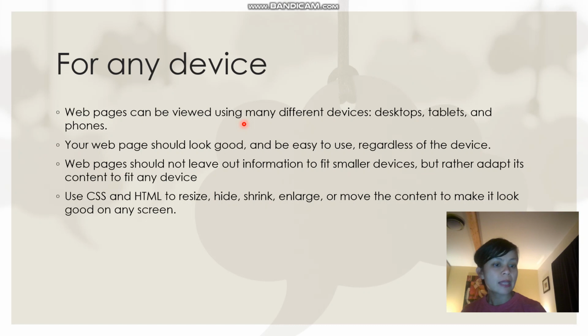So sometimes things actually have to be larger even though your screen size is smaller, such as a button or things like that. And you also have to move the content around to make it look good on any screen. So, making things fit onto a smaller screen doesn't mean that everything just has to shrink down. Rather, you have to take a look at what the available space is to you now, and how does the user interact with that space.